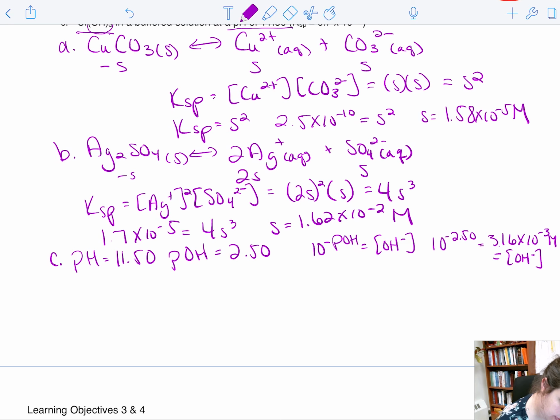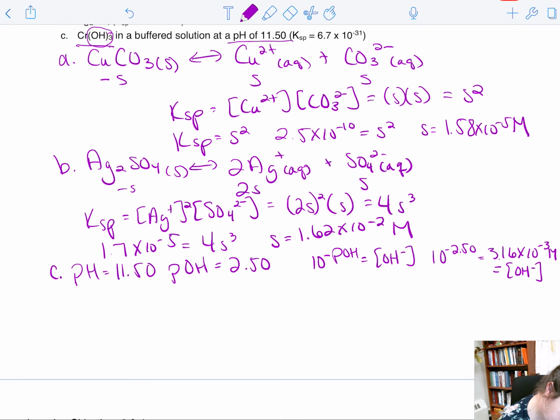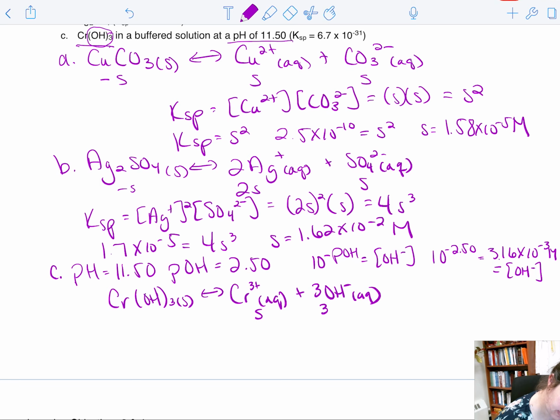We will then set up our KSP expression for our chromium 3 hydroxide. So as the chromium 3 hydroxide dissolves, we produce chromium 3 plus ions and 3 hydroxide ions. So S and 3S.